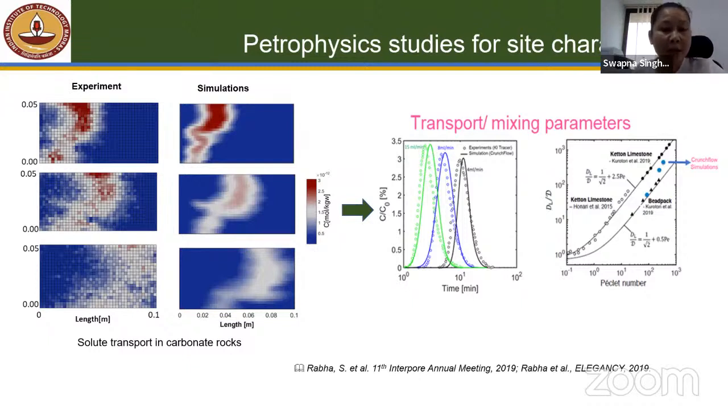This work is on a carbonate rock. It was also taken from the reservoir site, and the reservoir site is in Switzerland, where CO2 was successfully stored in the Switzerland mountains. So this is one of the petrophysics studies for the site characterization.